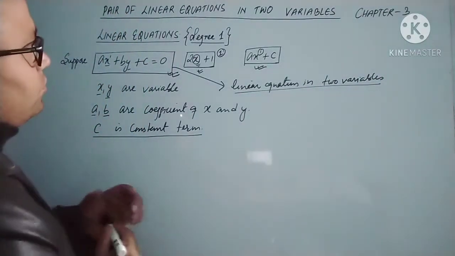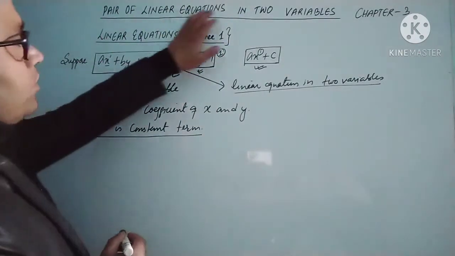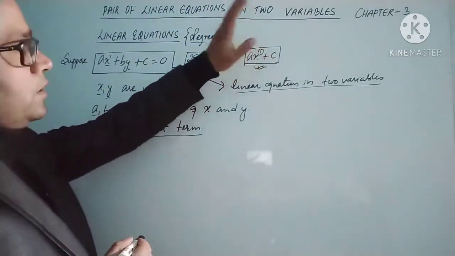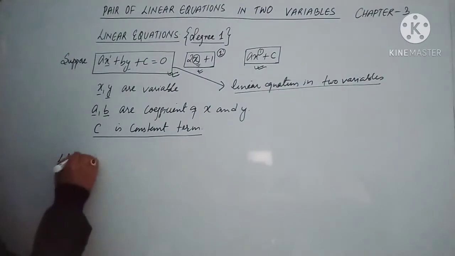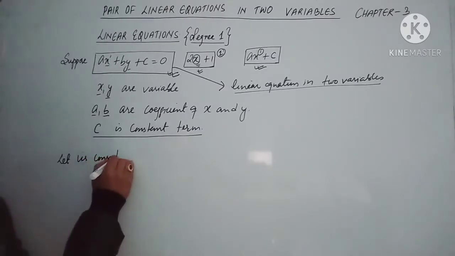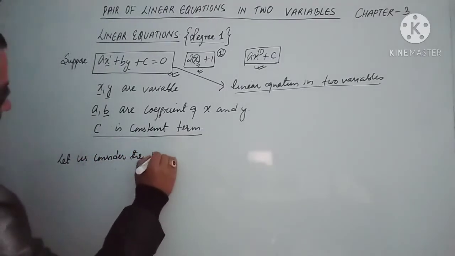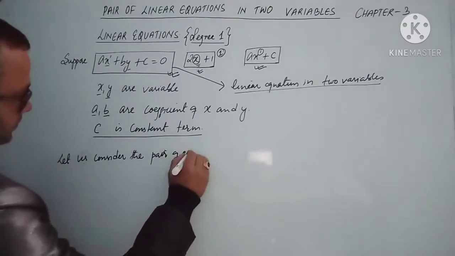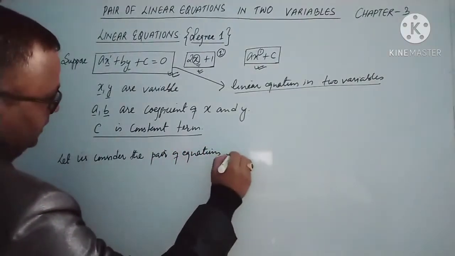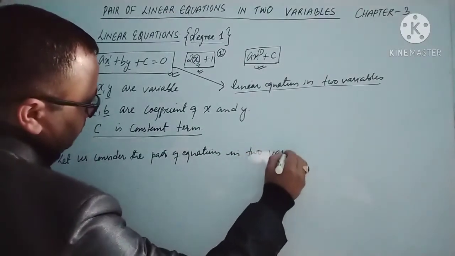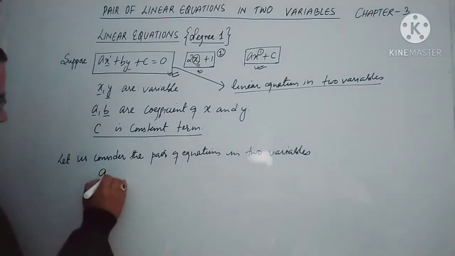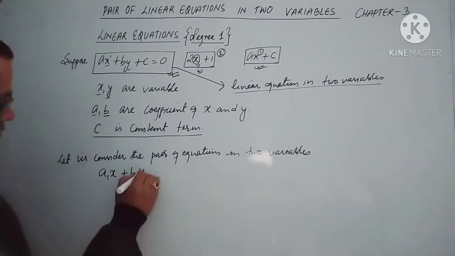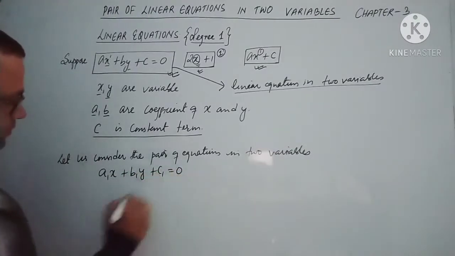Now we should know the pair of linear equations in two variables. Let us consider the pair of equations in two variables. The first equation is a1x plus b1y plus c1 equals 0.